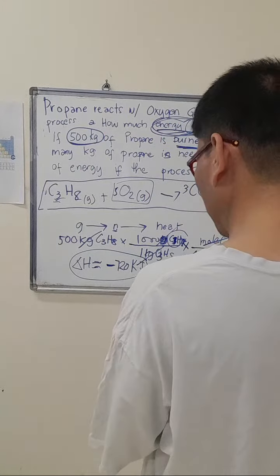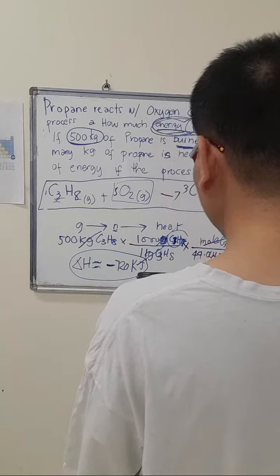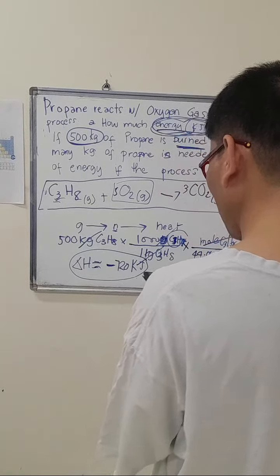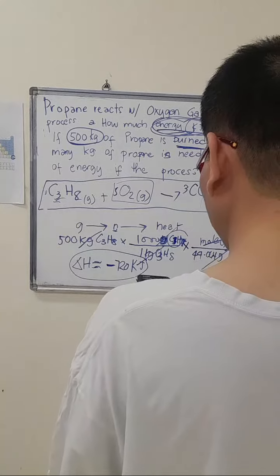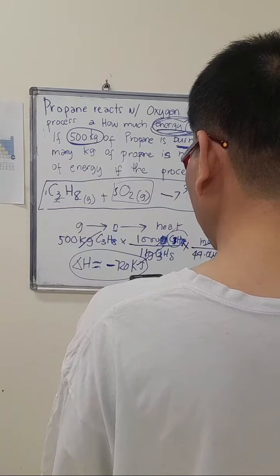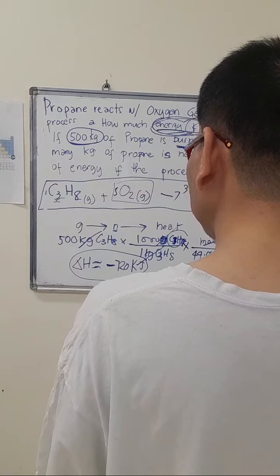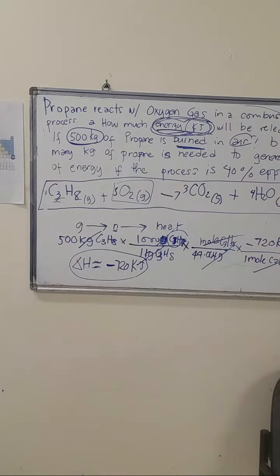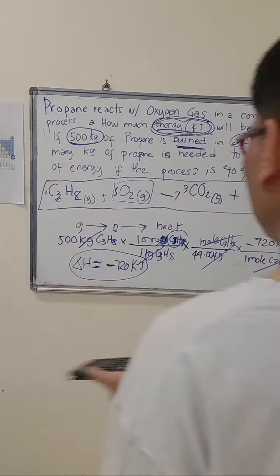So, 720 times 1,000 is equal to times 500 divided by 44. So we have 8,181,818 kilojoules. Okay, like that.